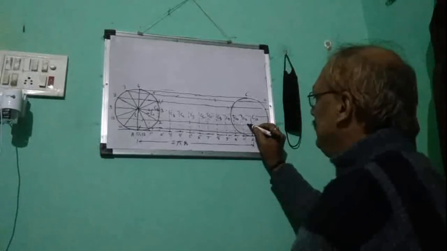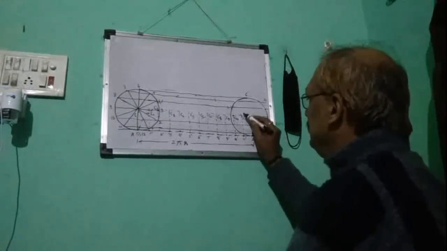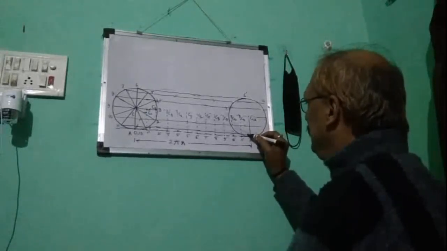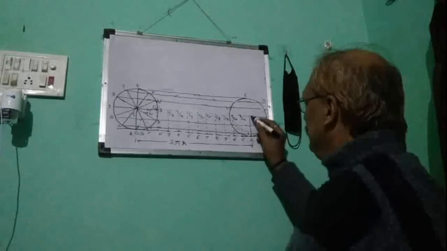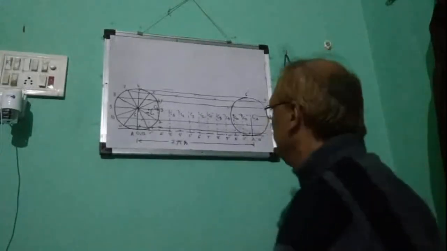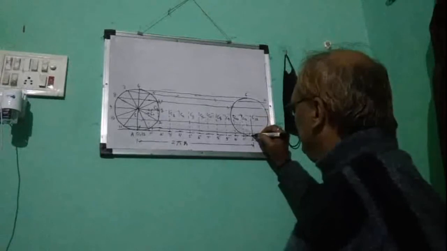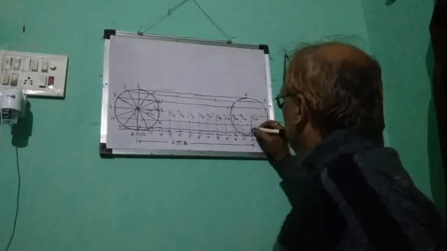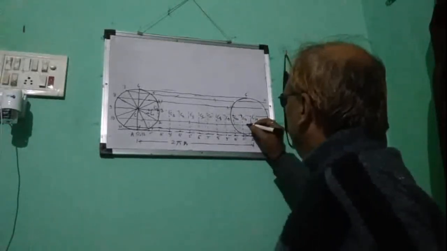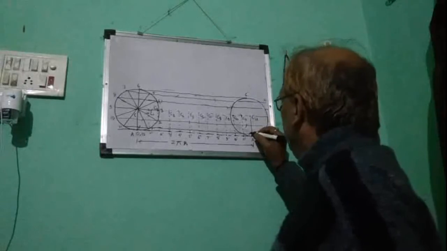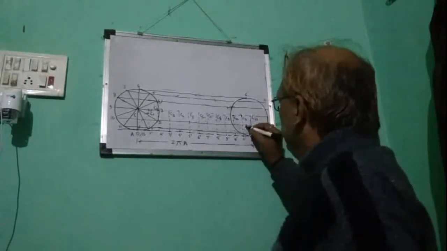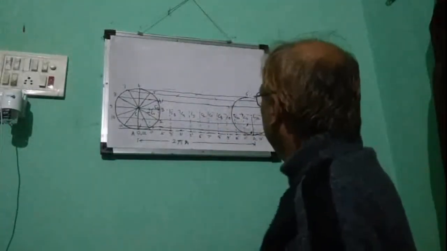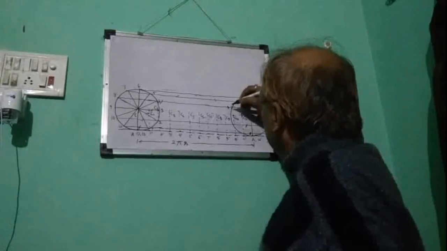The center will be here, and it will cut somewhere here. C11, this will be the center of the circle, and it will cut somewhere here, and C12, so it is the last position, isn't it? From here you will cut, so here only it will cut, isn't it? Here it cut, here it will cut, here it will cut. Okay, so like this the locus will be made, isn't it?